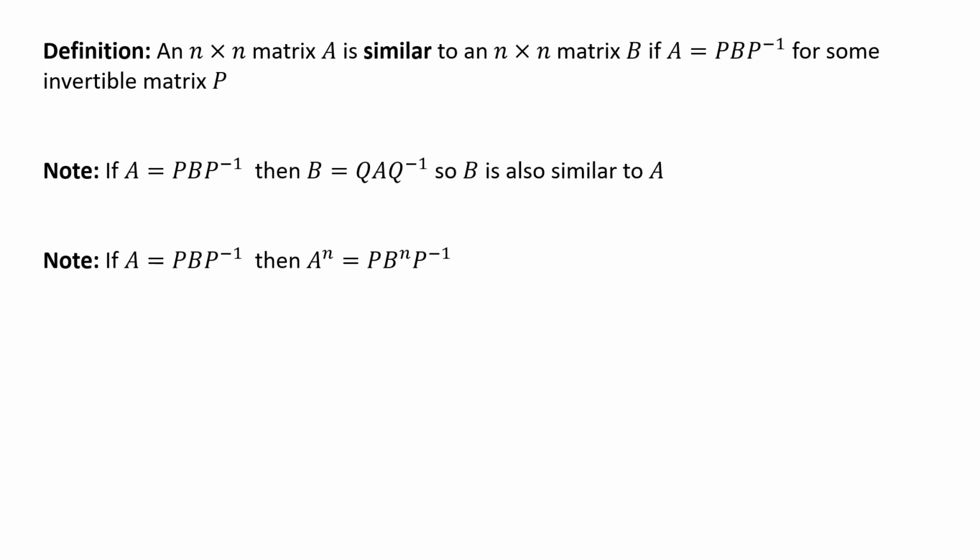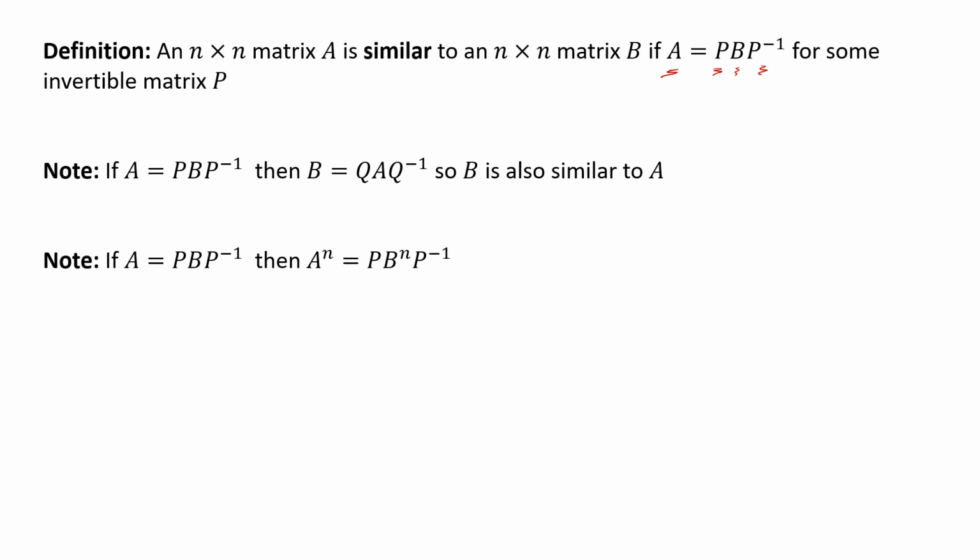Here's another definition, the idea of similar matrices. A matrix A is similar to a matrix B if A is equal to some matrix times B times the inverse of that matrix. We call those similar matrices.